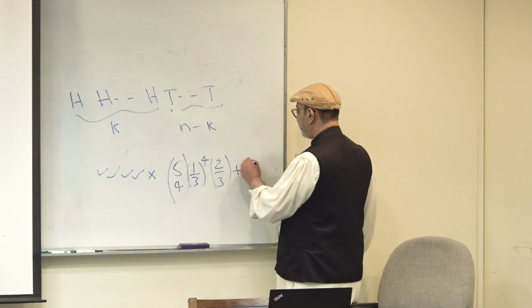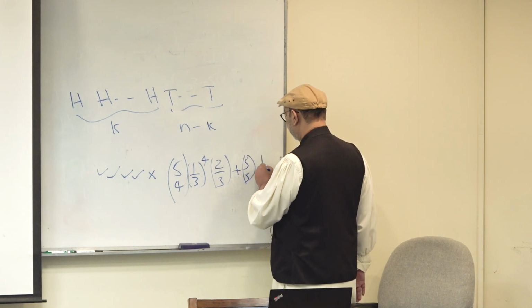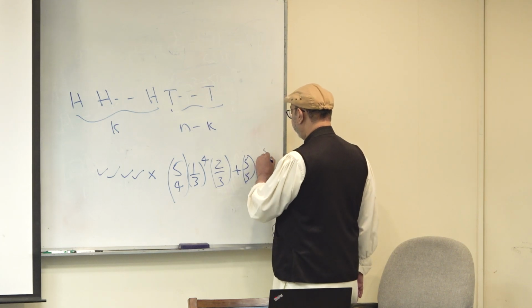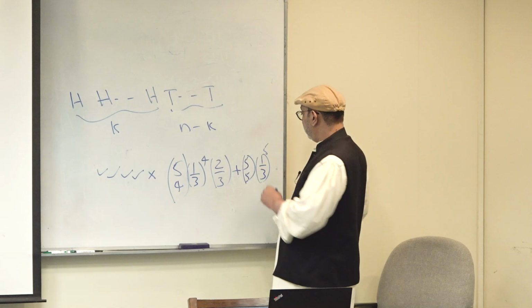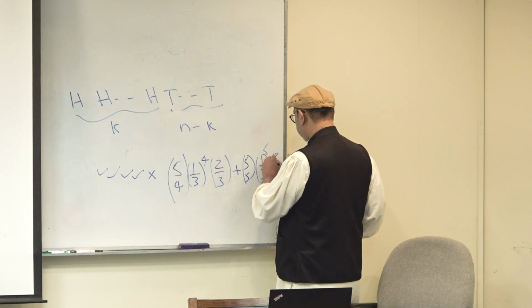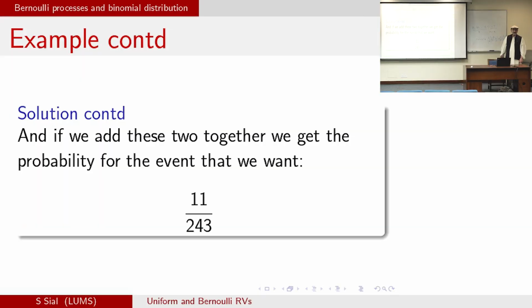Well, 5 choose 5, which is 1, times the probability of 5 correct, 1/3 to the 5th, independent, times 2/3 to the 0, which is 1. Add up the probability of exactly 4 plus the probability of exactly 5, you get 11 over 243.